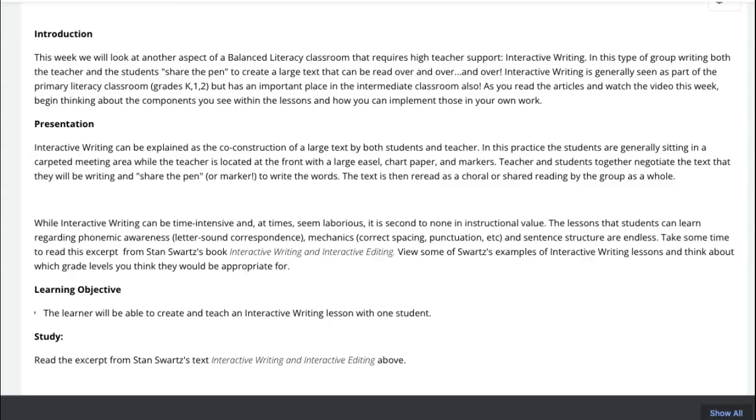This is when the teacher makes teaching points to help students attend to features of letters and words. The teacher will invite a child to come up to the easel and to contribute a letter, a word, or part of a word, or punctuation.